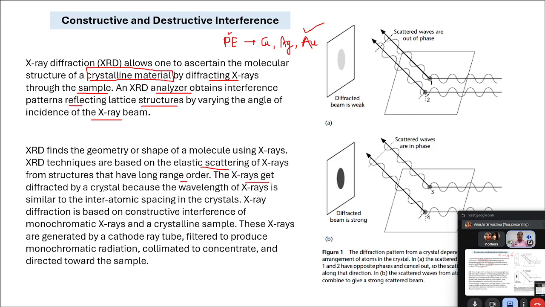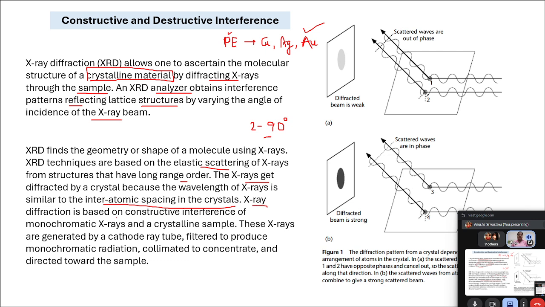The X-rays get diffracted by a crystal because the wavelength of X-rays is similar to the interatomic spacing in the crystal. So usually what we do is we keep the angle 2 theta ranging from 2 to 90 degrees, and it will move like that. And then at some point this will match the interatomic spacing of the crystal.